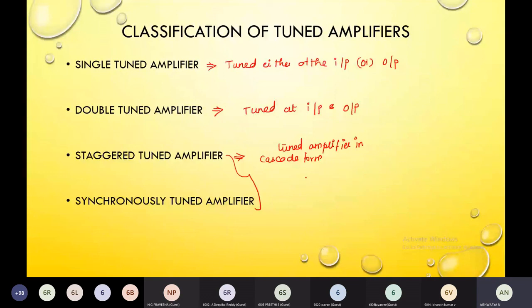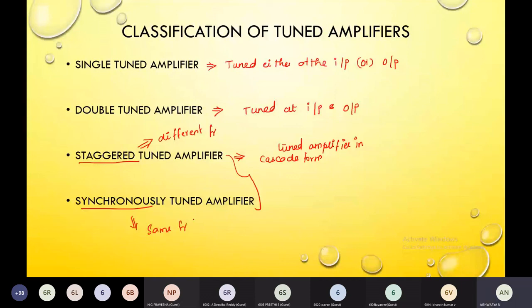Then what is the difference between staggered tuned and synchronously tuned? Staggered tuned means all the tuned amplifiers will be tuned at different resonant frequencies. Each tuned amplifier will have one resonant frequency. Synchronously tuned means all the tuned amplifiers will be tuned to the same resonant frequency.